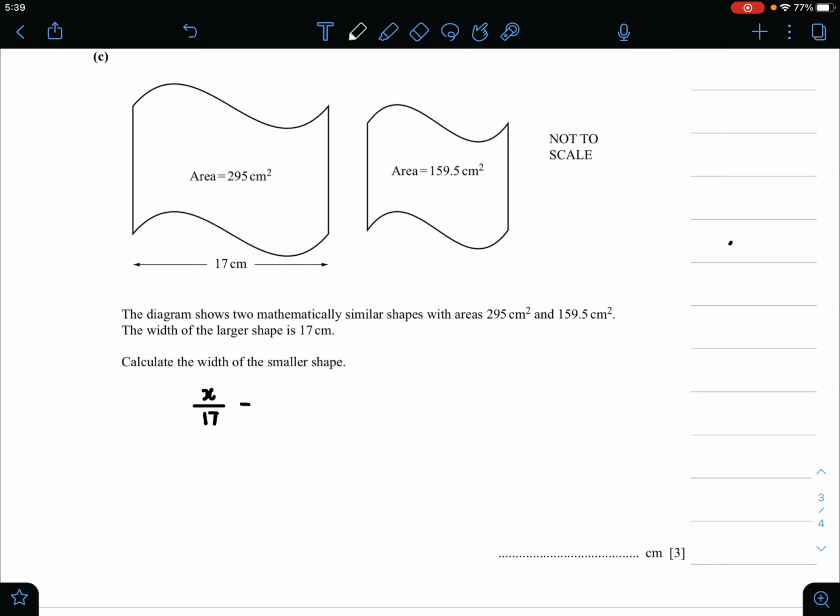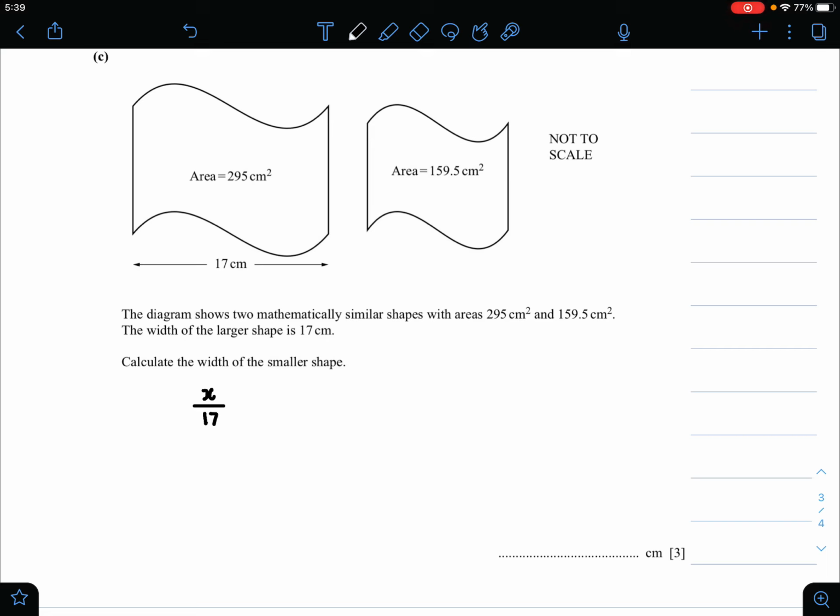Now if you've used the area of the bigger shape in the numerator, then you will use the side. If you've used the width of the shape in the numerator, then you will use the area of the bigger shape in the numerator as well.